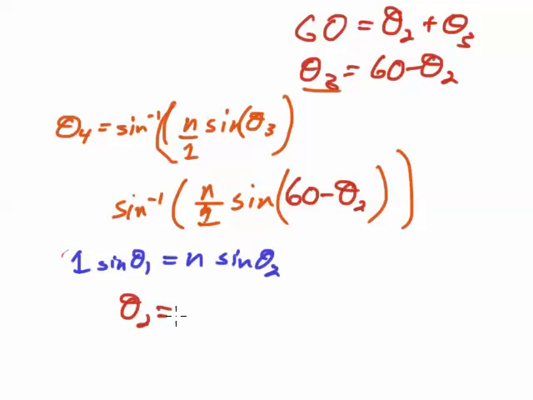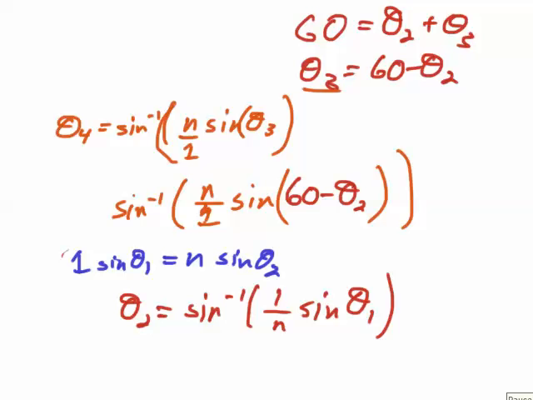Theta 2 is going to be inverse sine of 1 over n times sine theta 1. And I'm going to plug that into there.